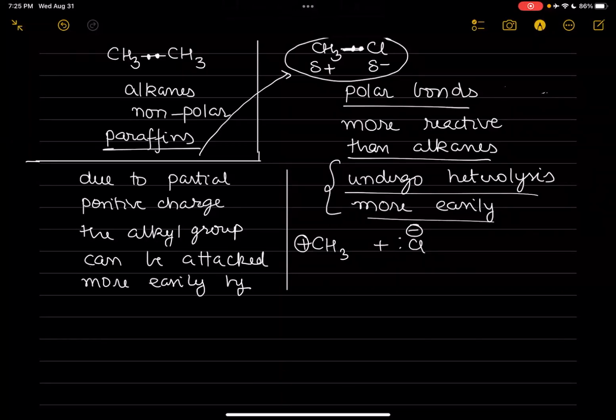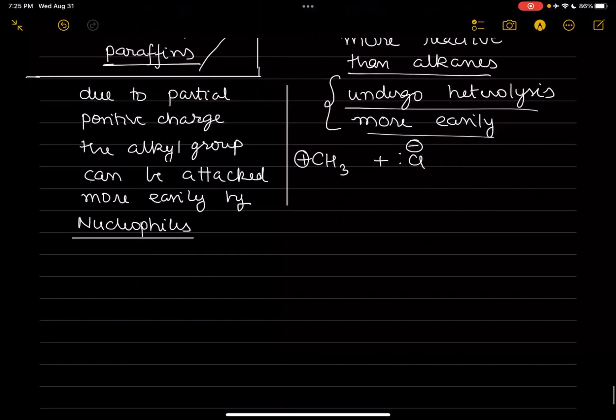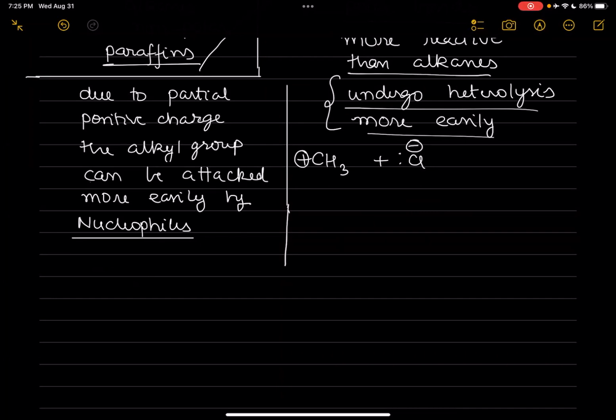So what are nucleophiles? Anushka, Arpit, Imad, tell me, what are nucleophiles? They are electron-rich species which have some unshared pair of electrons which they can share with any other atom.